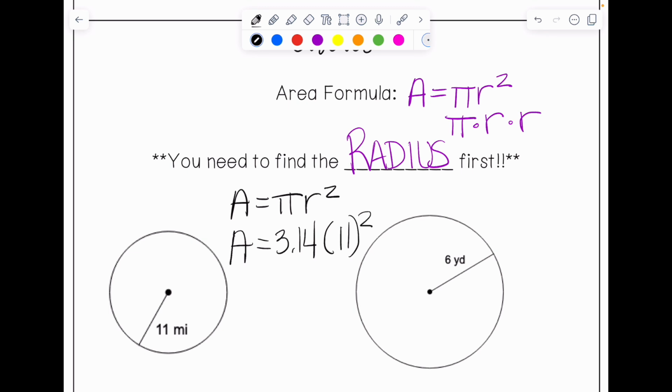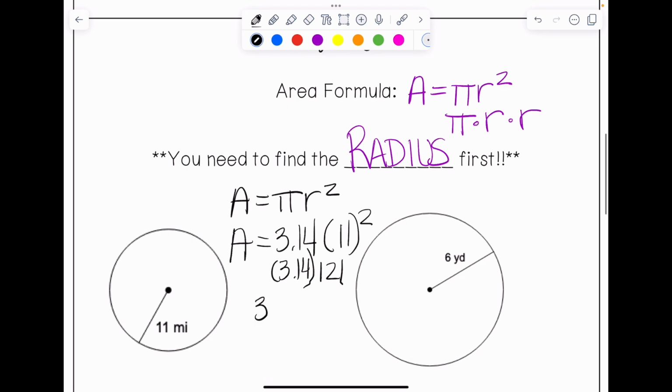Again, that's not 11 times 2, that's 11 times 11, which is 121, and then I'll multiply that times pi, and that's going to give me 379.94. Because this is the area, this would be square miles.